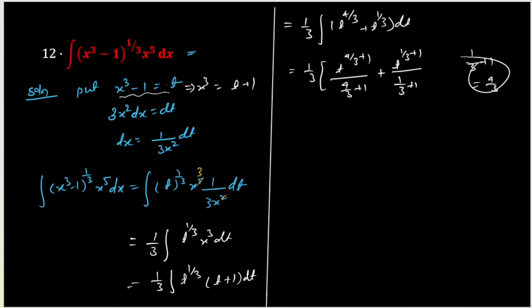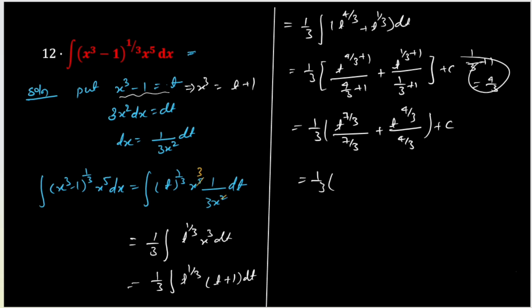t power 1 by 3 plus 1 by 1 by 3 plus 1, plus c, with the 1 by 3 outside. Simplifying, we get 1 by 3 into t power 7 by 3 by 7 by 3 plus t power 4 by 3 by 4 by 3 plus c, which is 3 by 7 t power 7 by 3 plus 3 by 4 t power 4 by 3.